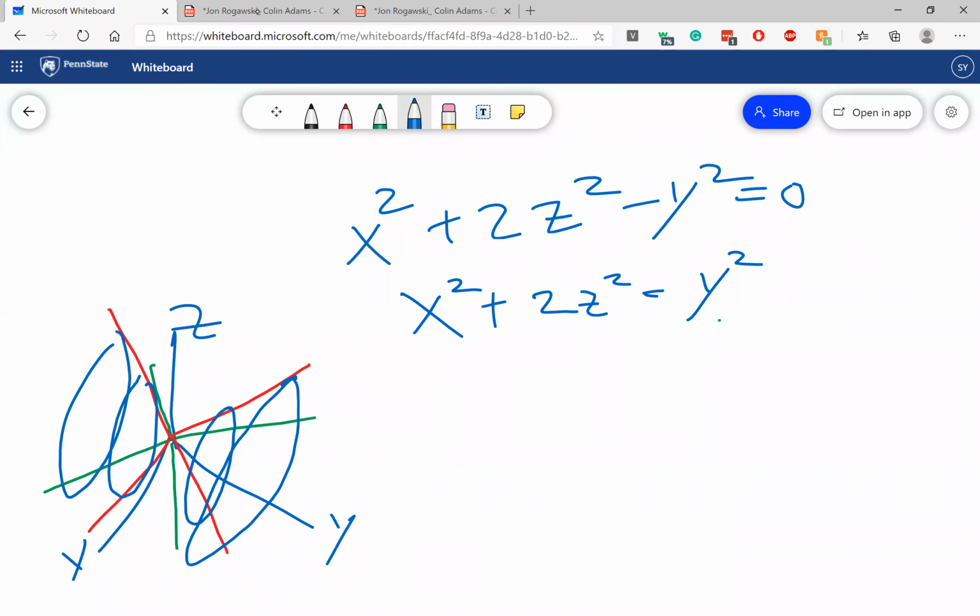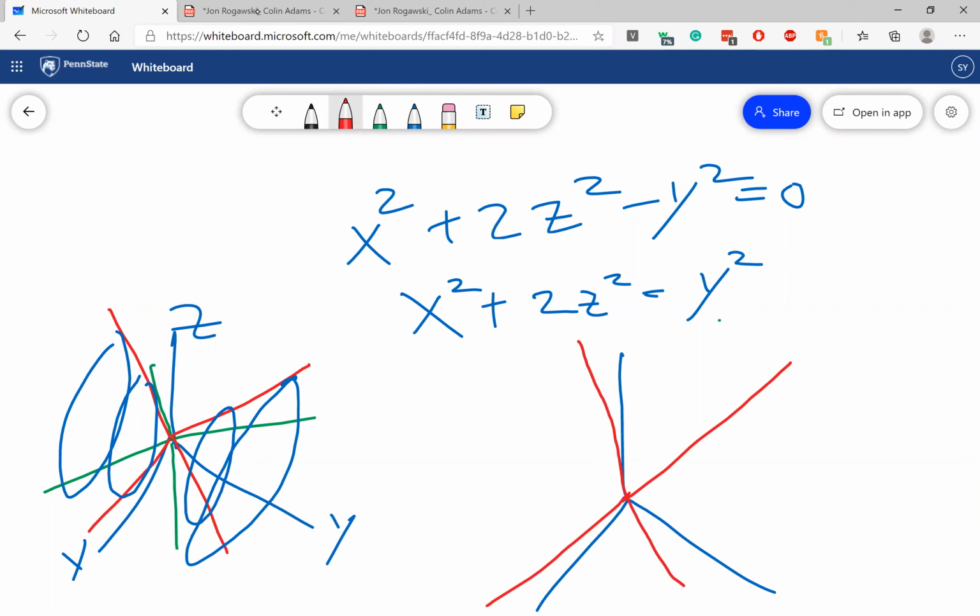These lines are not perfect, but let's try to redraw this quickly. So we have a line like this. We have another line like this. Then we have our ellipses like this.